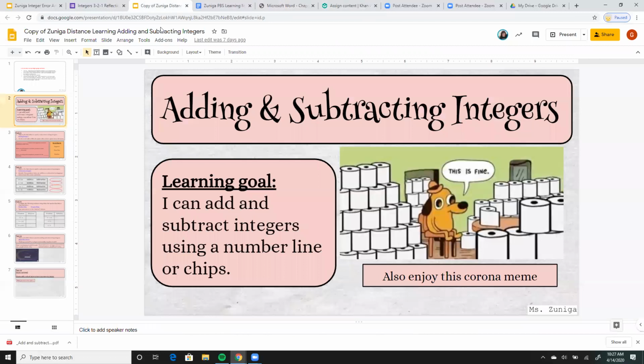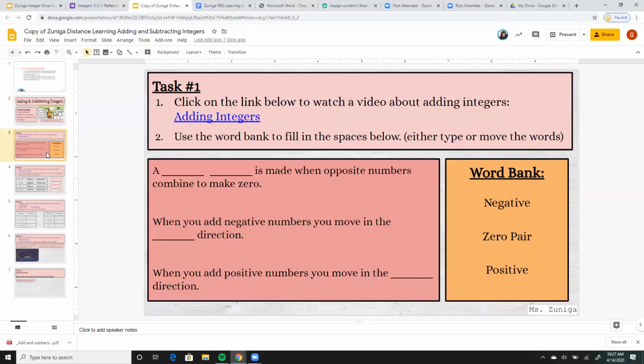And then the last one, which is my personal favorite, is a little step-by-step PowerPoint that I'm also going to share with you on Google Classroom so that you can write on it directly. You can copy and paste the word where you think it goes to answer the vocab words.